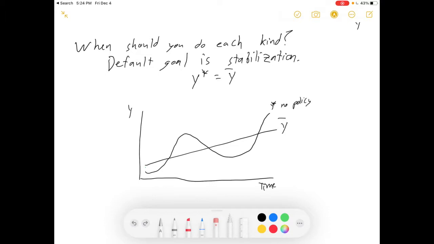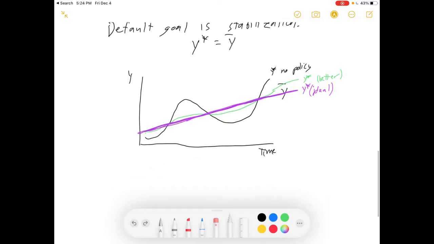What we'd like to see is for that business cycle to be stabilized. Maybe our policy could make it look like this instead. That would be a much better situation, more stable. There's less of a swing. We're closer to Y bar. A perfect policy would just let us stay on Y bar, and that would be the ideal scenario. We could just ride our growth forever into the future without any sort of crazy swings.